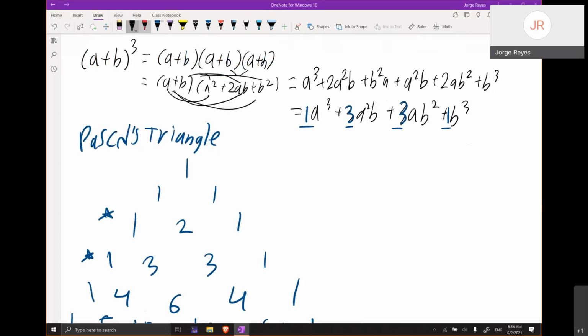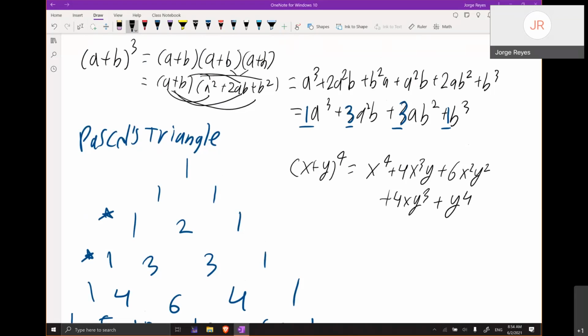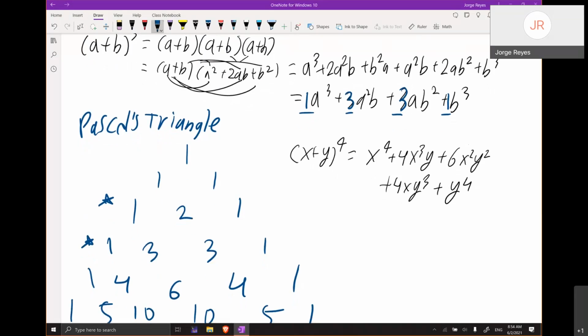Okay, and if I were to tell you what's this thing, x plus y to the 4th, it's going to be x to the 4th plus 4x cubed y plus 6x squared y squared plus 4xy cubed plus y to the 4th. Okay? So Pascal's triangle is actually what tells us what these numbers should be.